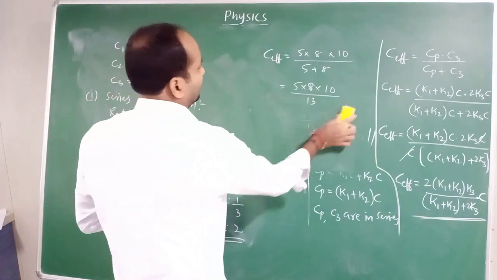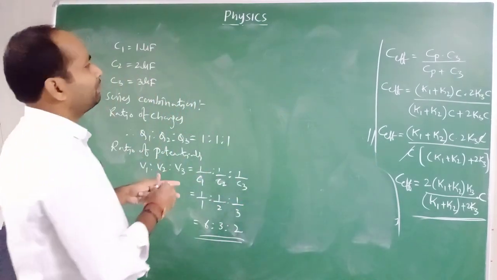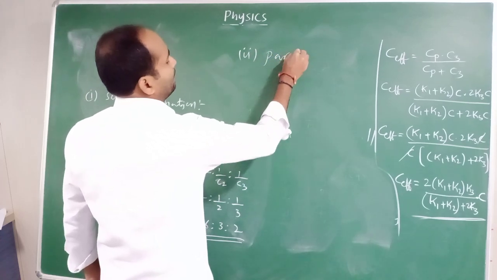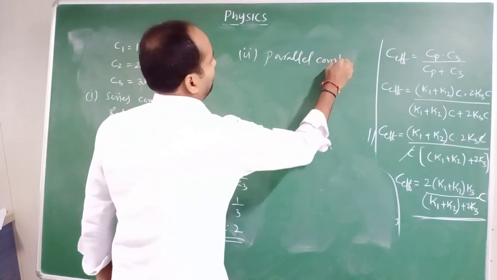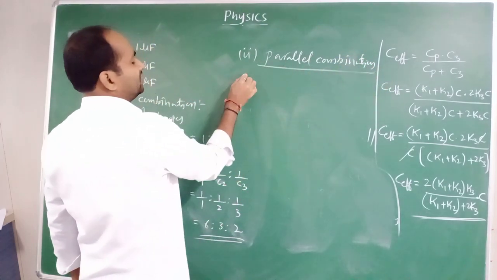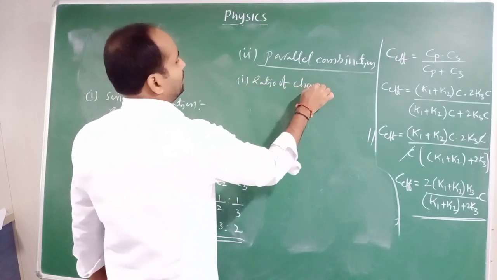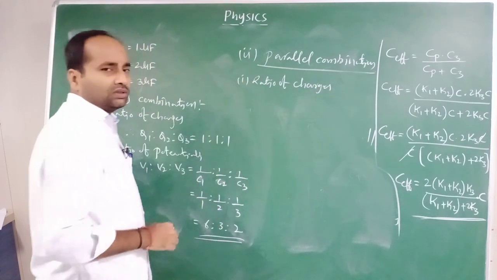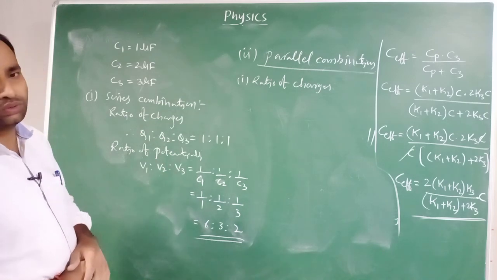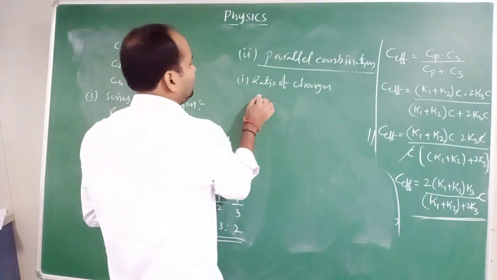Same three capacitors, for example, if they are connected in parallel, the second case, parallel combination. Now what is the ratio of the charges? The ratio of charges means Q. We know that C is equal to Q by V, so Q is equal to CV.